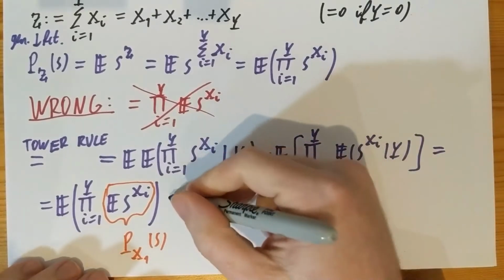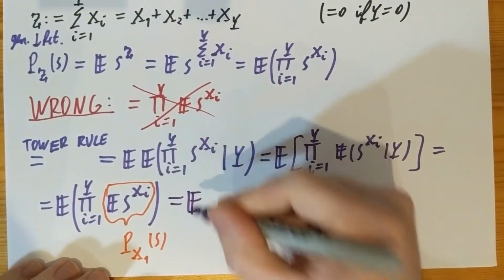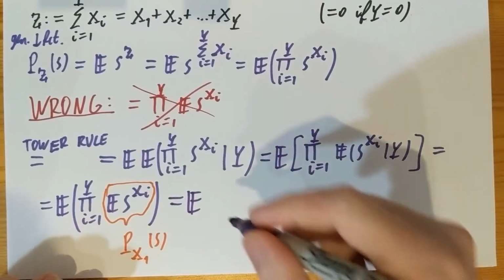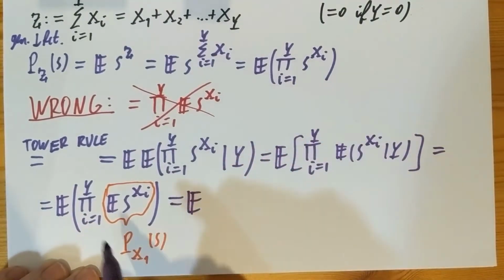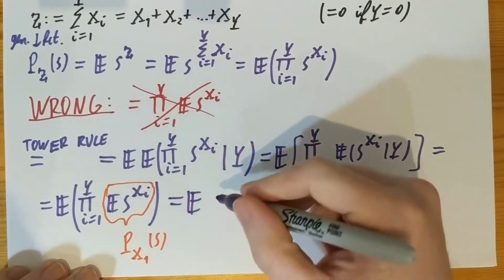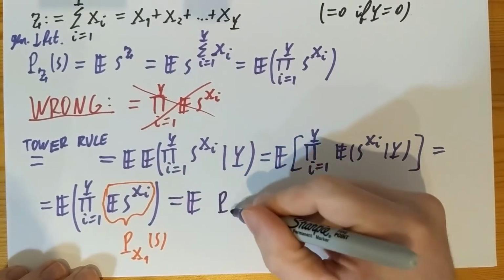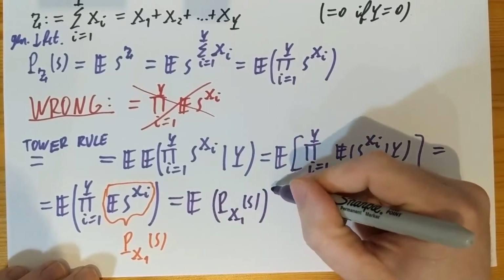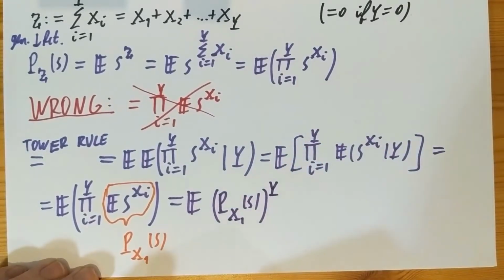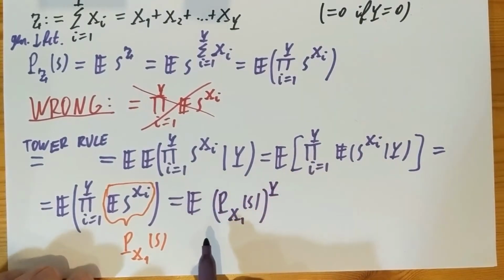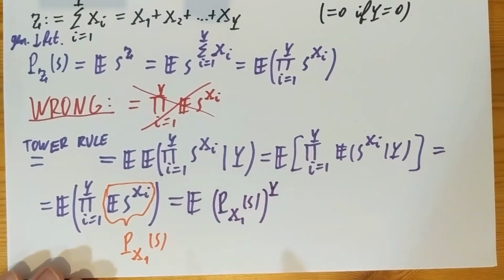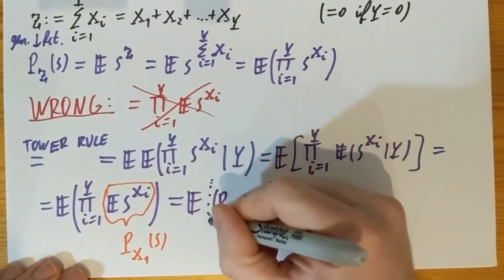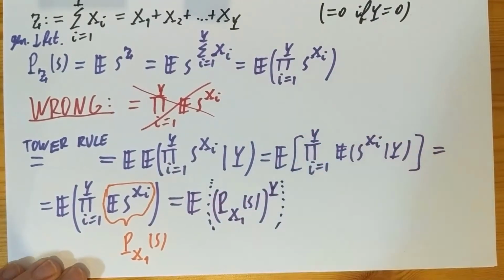And so what I have underneath the big expectation with respect to y is just a product of y terms, that is, p of x1 of s raised to the y power, and I have an expectation of this whole thing. If I don't have any further parentheses, that means that y is inside my expectation. So I could actually write this out if you want, but I most often will not.